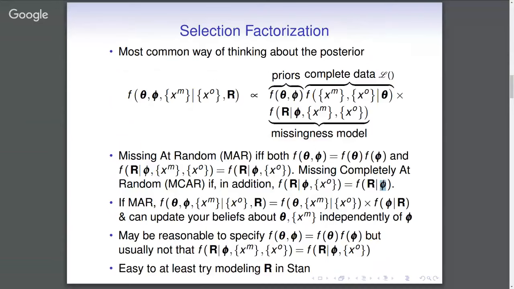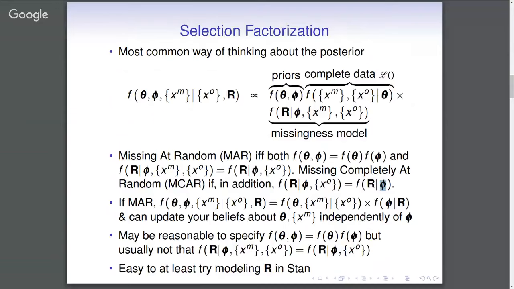You know, maybe it's like 0.8 or something like that. It's some unknown parameter, you could estimate it. And whether an observation is observed or missing is just the result of a flip of these coins. It doesn't have anything to do with the true values of X, whether they're observed or whether they're missing. So missing completely at random is a stronger assumption than missing at random.